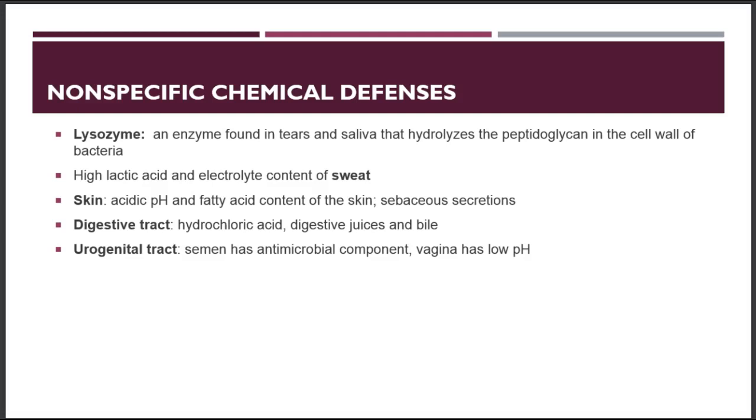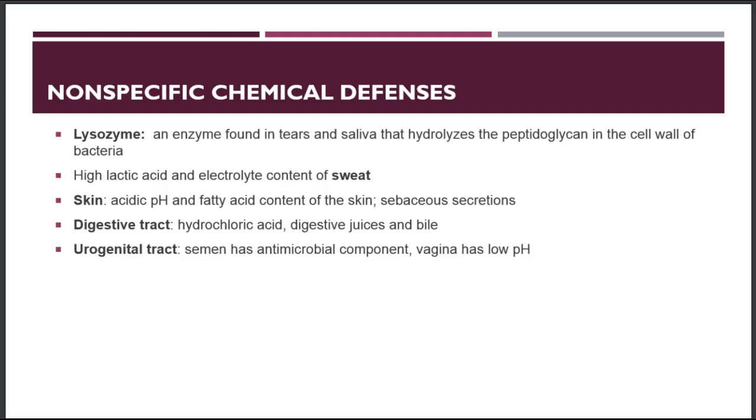The skin also has a low pH because of the high fatty acid content of skin cells and secretions from the sebaceous glands. The digestive tract is also acidic, so the hydrochloric acid that's produced by the chief cells in stomach tissue, additional digestive enzymes, and bile that is released from the gallbladder all help to not only digest and break down the organic chemicals in your food, but they also help to kill any microorganisms.